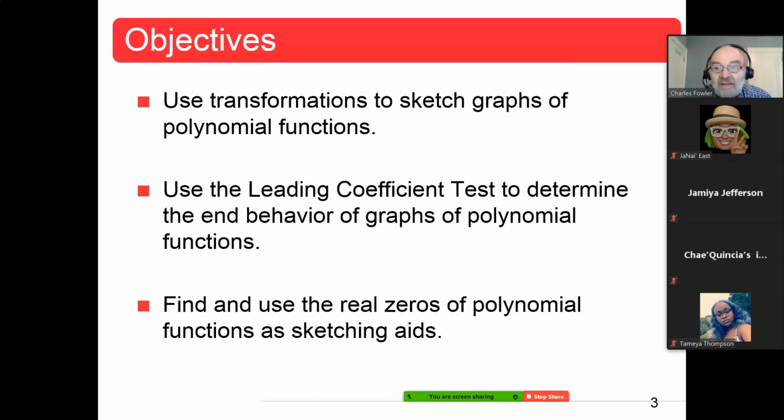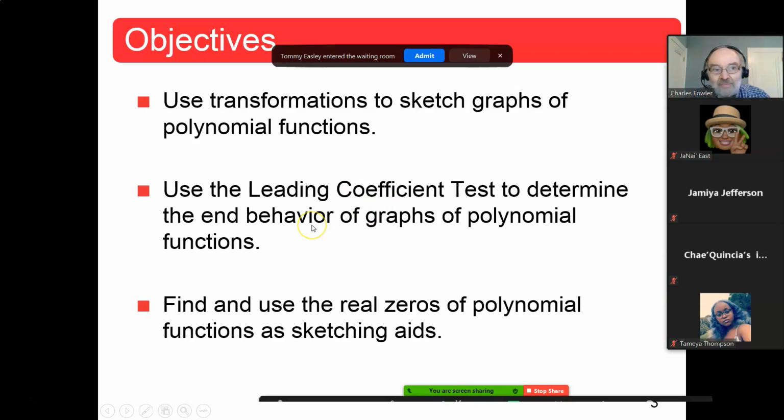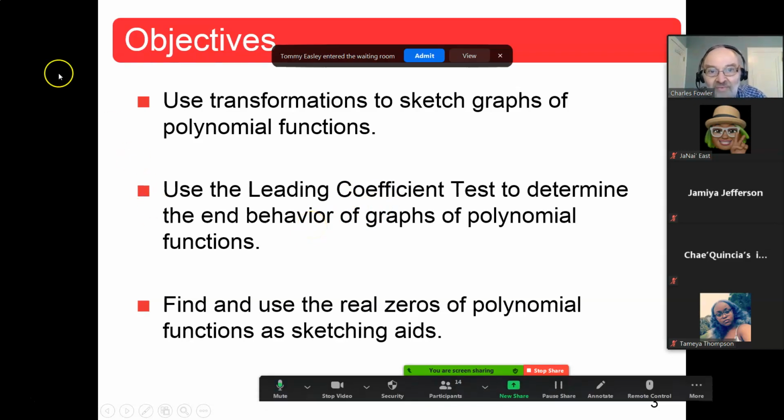So we'll use transformations to sketch graphs of polynomial functions. Do you think it comes as a surprise that this author loves to sketch graphs? We'll use the leading coefficient test. I like to call it the leading term test. I think it says a lot more, and it's not just the leading coefficient, it's the leading term test to determine the end behavior, what's happening in the long run.